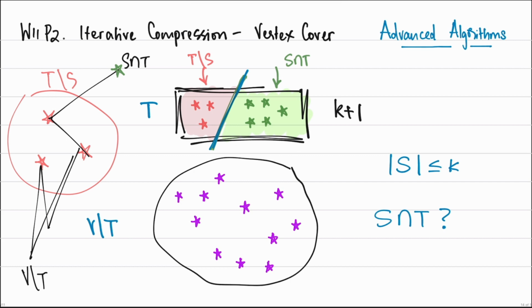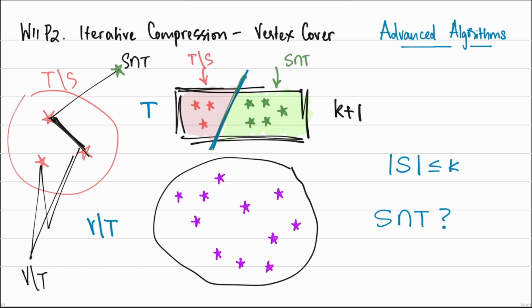But notice that if there is an edge between two vertices of T minus S, then our guess S is just a bad guess, right? Because we're saying that we're not going to pick any of these vertices in our vertex cover S. And among the vertices that we have chosen not to pick, two of them happen to have an edge between them. So this edge out here basically is completely hopeless, right?